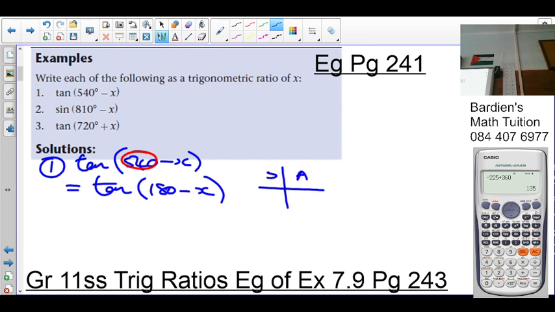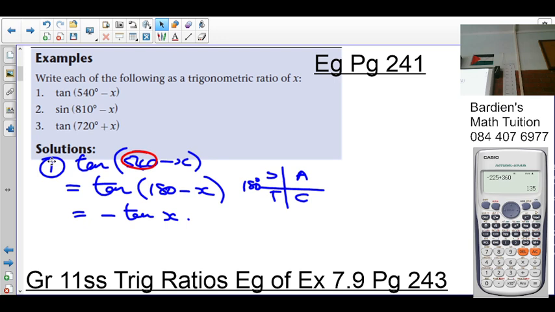There's all stations to Claremont. 180 minus x is in which quadrant? Second quadrant. Is tan positive or negative in the second quadrant? Negative. So it's negative tan. Am I going to change that to sine over cos? Why do you think I'm not going to change that to sine over cos?